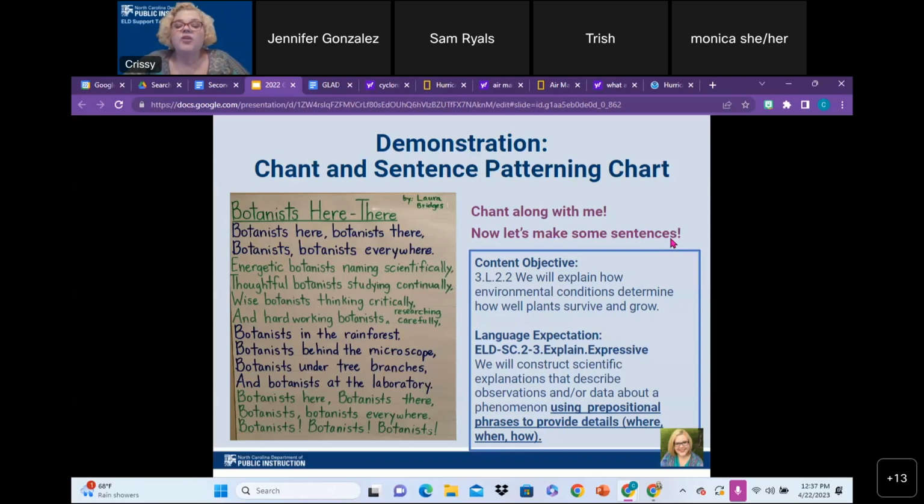And then you notice here that I've underlined and added a piece. So when we talked about our language expectations and we found them in our little quick checklist chart, what was present in that chart was the language standard and the function. But there's a third piece that we add to that language expectation, and that is the language feature.